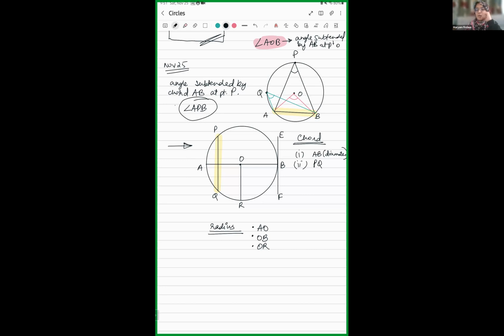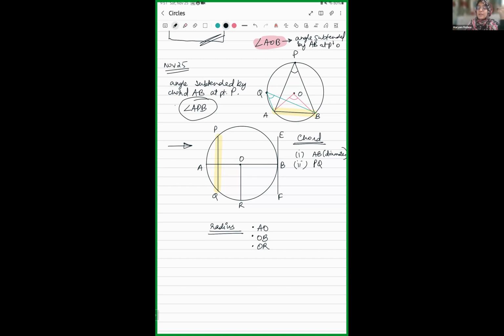Yes, Abdul Jabbar. If you're unable to speak, you can write the answer in the chat box. No, then I will repeat the question. Angle subtended by AB at point Q.